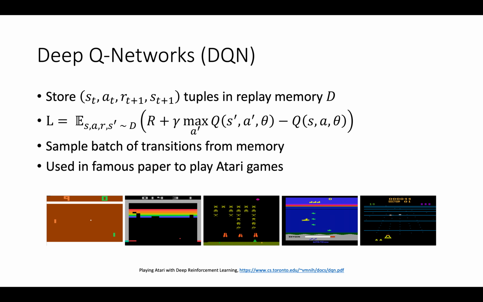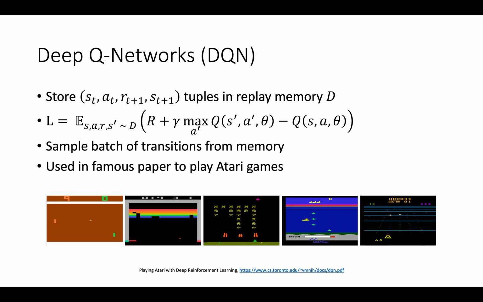One of the algorithms that does this is Deep Q Networks. So what we do is we're going to store state, action, reward, next state tuples in a replay memory D, and the loss is similar to the loss in Q-learning.